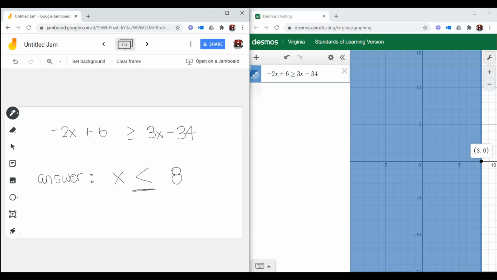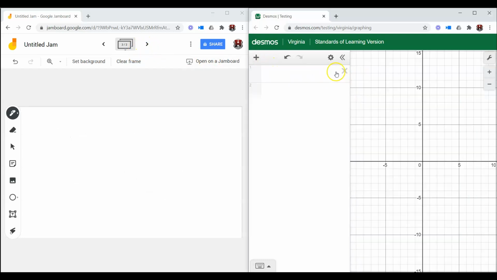If it's solid, I should underline. And if it's not solid, I should not underline. If it's dashed, I should not underline. So the correct solution to this problem would be x is less than or equal to 8. Now, to do this for real, we would have gone through our 5 steps and looked at it to see if it was a flipper.